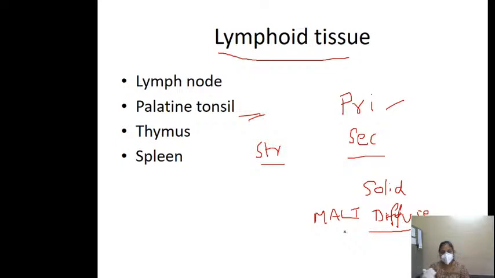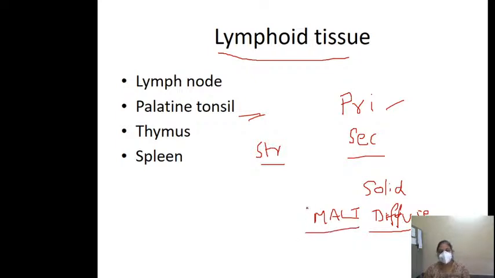These are small lymphoid aggregations that we may see, most commonly in the vagina, beneath the mucous membrane. These are called the mucosa associated lymphoid tissue.